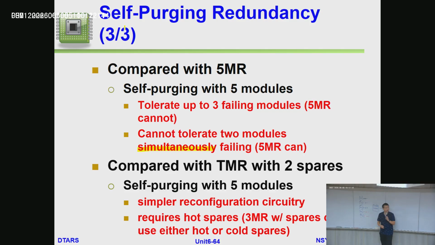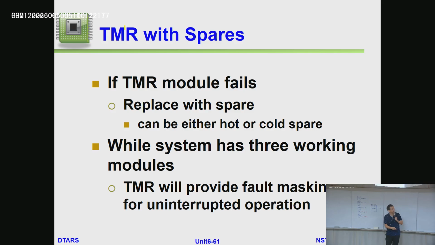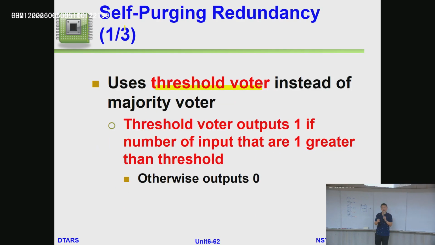In this case, you will find that the threshold voter's functionality is that if the number of inputs that are logic 1 reaches the threshold, then the output will be logic 1. So if focusing on only logic 1 inputs, in this case, the output of the threshold voter will become logic 1.